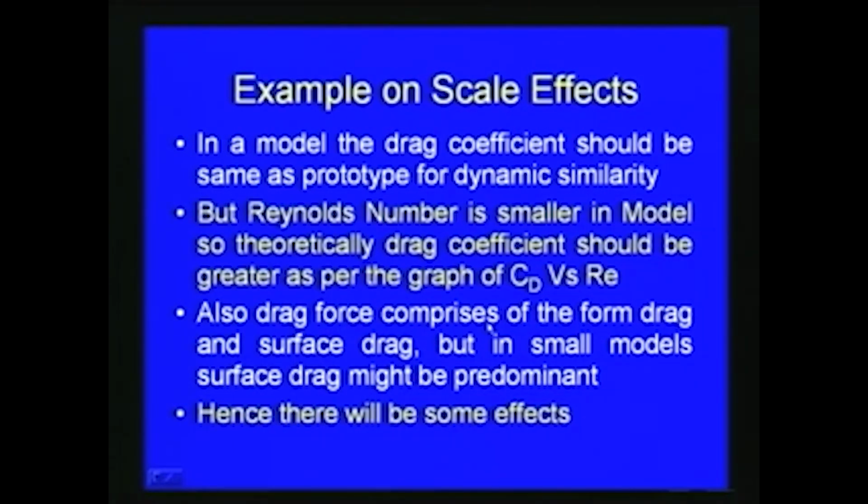Also, the drag force comprises form drag and surface drag, but in many cases in small models surface drag might be predominant and form drag may not be. So, we can see that there will be a lot of scale effect. These are the problems when considering drag effects for particular problems.